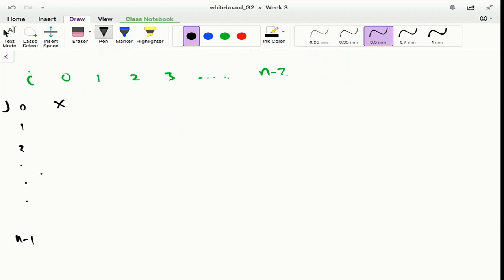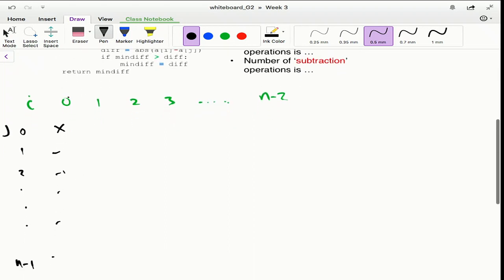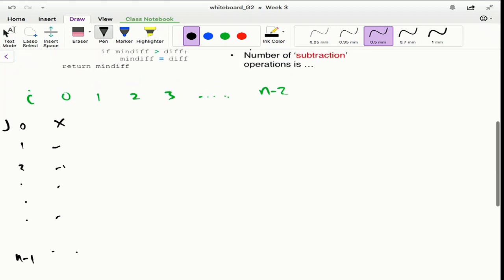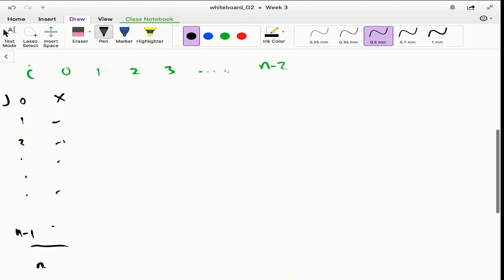That's when we actually do some kind of operations. Now what are the operations we need to do here? In terms of the number of comparisons, we are going to do exactly one comparison within every j. So when i equals to 0, the number of times that we're going to go inside the j loop is n minus 1 times.